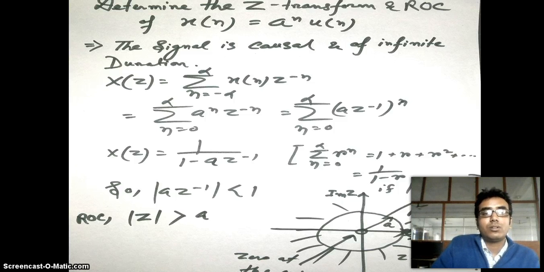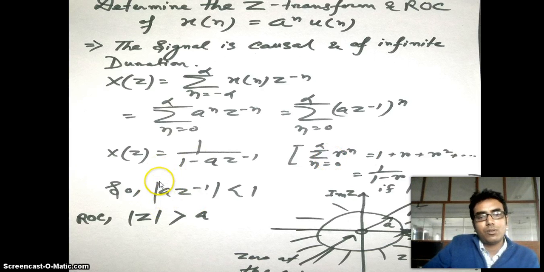So if you determine the z transform and ROC of a signal that is an infinite duration sequence, also a causal signal, x[n] is a to the power n u[n], then we know the formula of the z transform, X(z) equals the sum from n equal to minus infinity to infinity of x[n] z to the power minus n, and because it is a unit step signal, the range will be n equal to 0 to infinity, and the z transform of the signal will be 1 by 1 minus a z inverse.